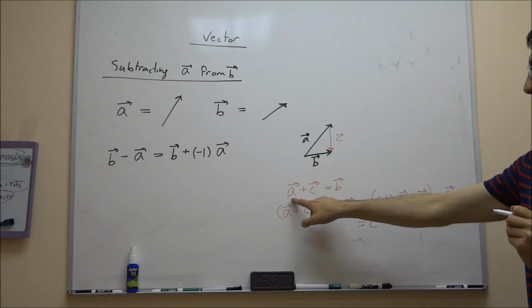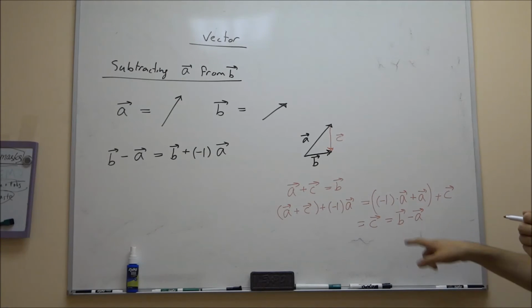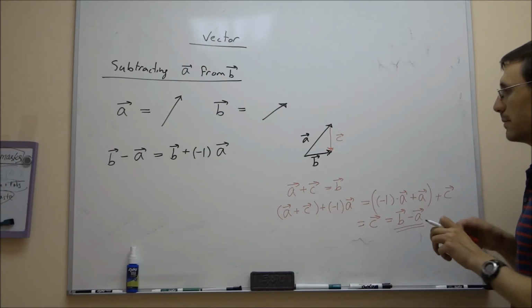Because if we added minus A to this side of the equation, we must add minus A to the other side of the equation as well, and that gives us B minus A.